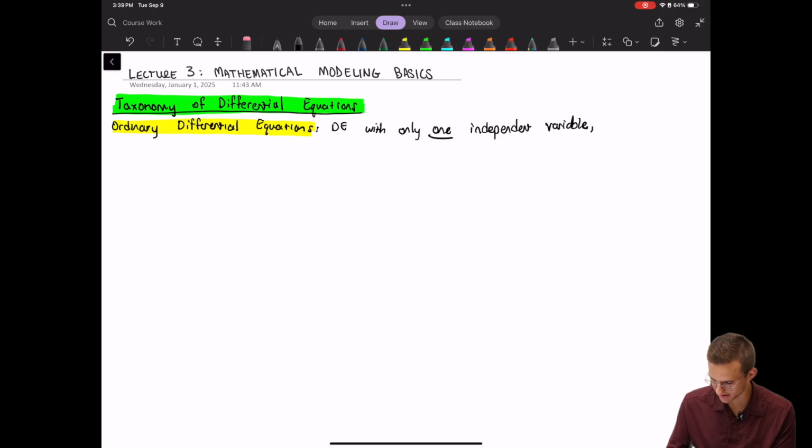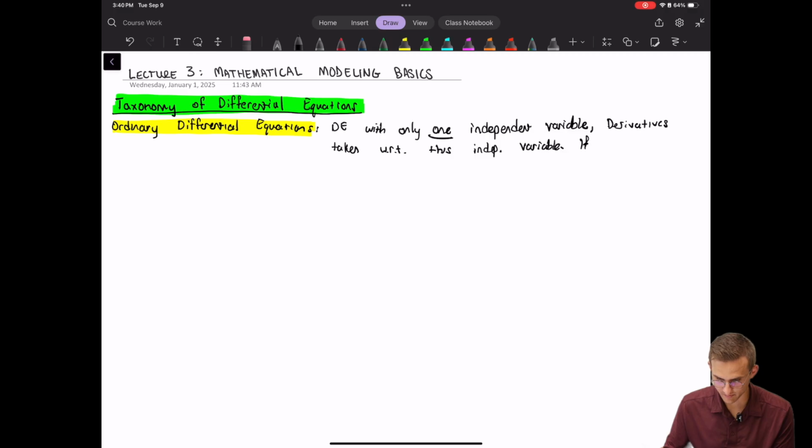There's a second condition here beyond it just being with one independent variable. The derivatives are taken with respect to that one independent variable.